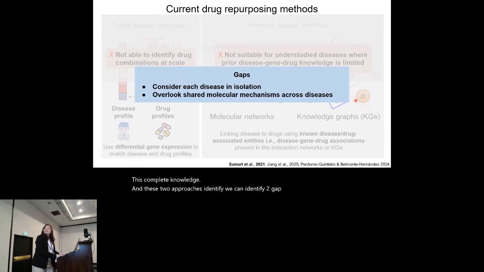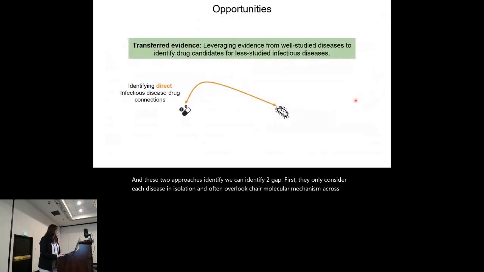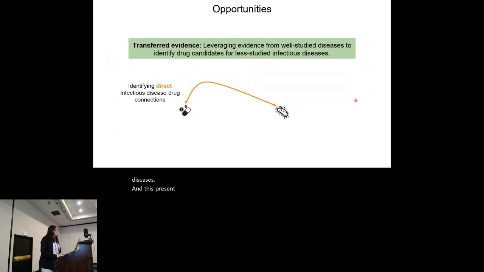First, they only consider each disease in isolation and often overlook shared molecular mechanisms across diseases. And this presents opportunities of leveraging what we already know from well-studied diseases to guide drug repurposing for less studied infectious diseases.